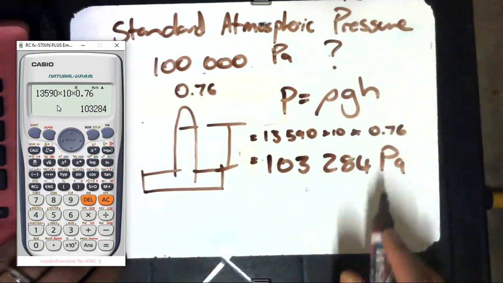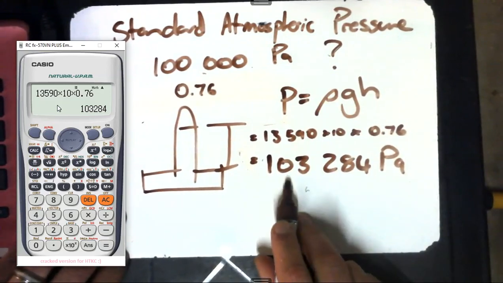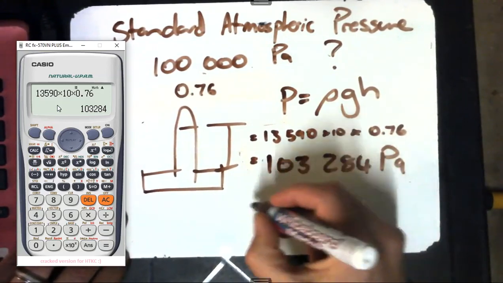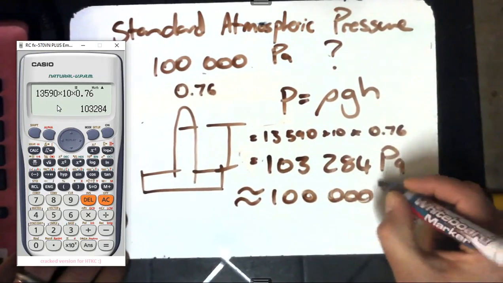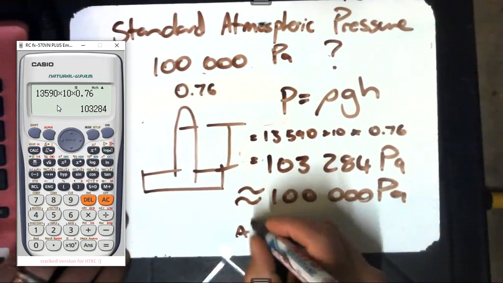But at A level or IGCSE level we round off to 2 significant figures, and that would then be 100,000 Pascal. This is at sea level.